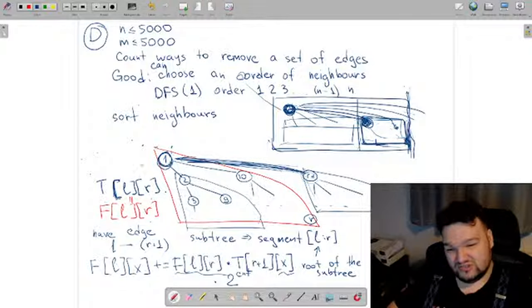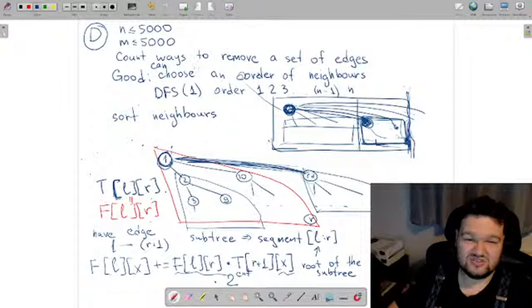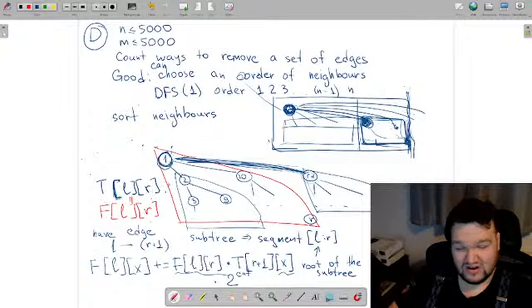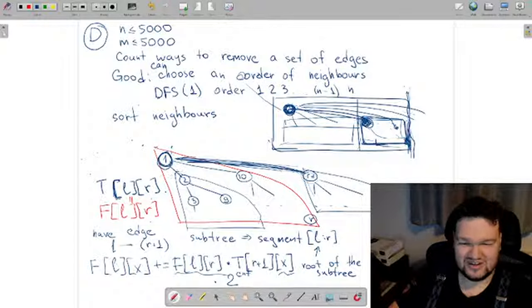And then we want to do a subsegment DP that counts the number of ways to remove some set of edges if we only consider edges that are fully lying on the segment from L to R, such that if we only consider those edges from L to R, only the non-removed ones, and do a DFS from L, then we will visit the segment from L to R in the correct order.